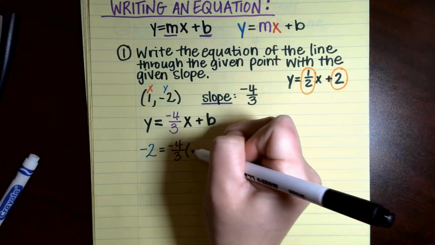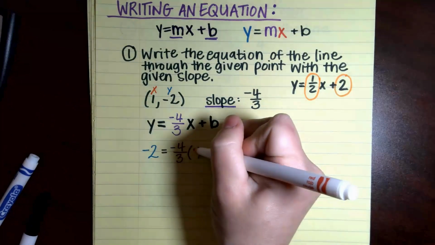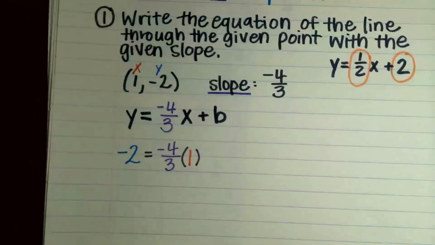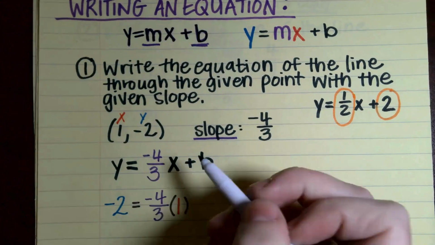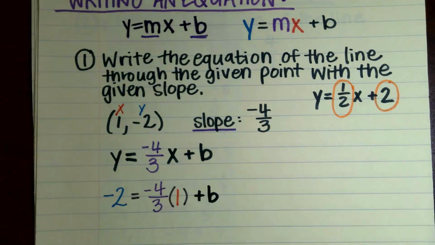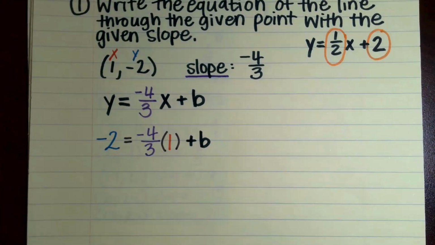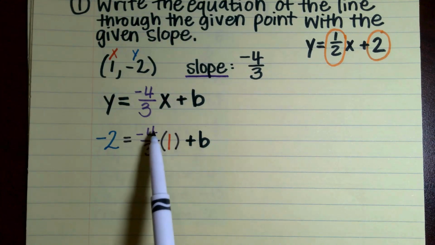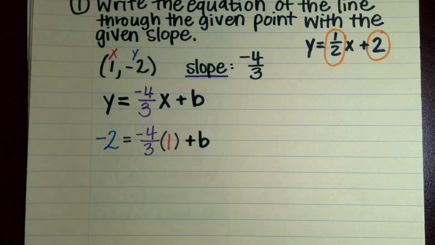Now, to show that it's multiplication, I like to put it in parentheses. There's my 1. Let me zoom in a little. Okay, and then we have plus b. We don't know what b is yet. Okay, so now we have the equation -2 equals -4/3 times 1 plus b.